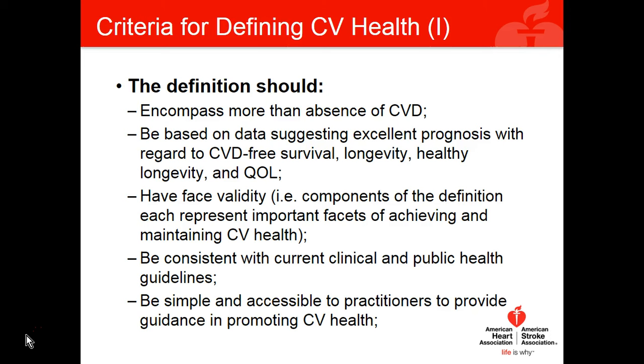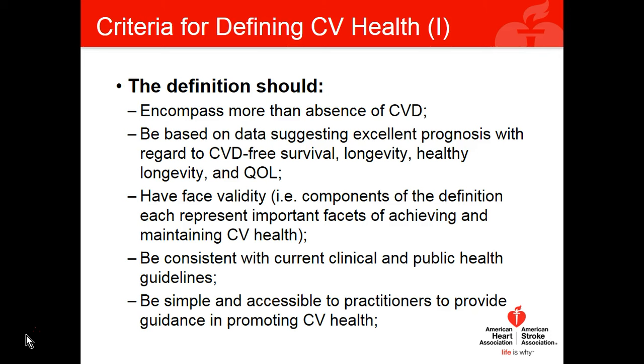So when the original 2020 Goal Setting Task Force started the arduous task of defining cardiovascular health, there were some guiding criteria that they tried to keep in mind. They felt that the definition should, first and foremost, encompass more than just the absence of cardiovascular disease. They wanted the definition to be based on data that suggested what would be an excellent prognosis with regard to cardiovascular disease-free survival, as well as longevity, healthy longevity, and quality of life.